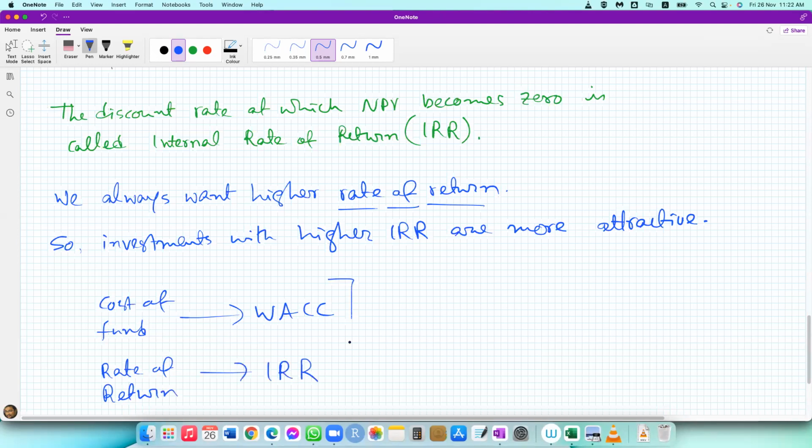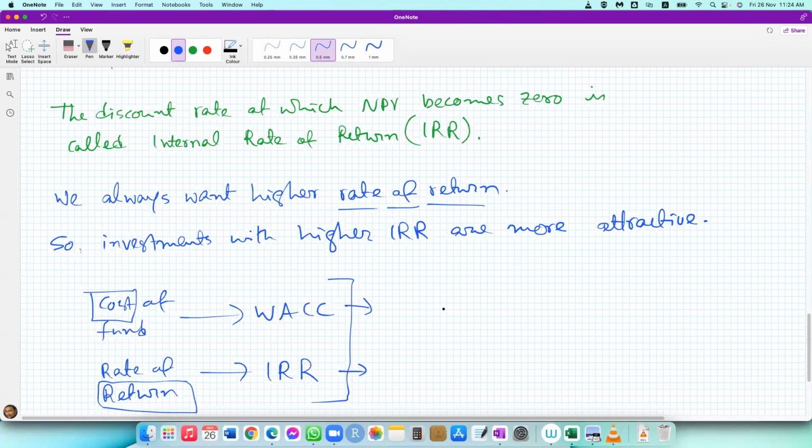So what should we be careful about? Should we not compare these two when making a decision? This is the cost and this is the return, meaning profit. So should we compare the cost and profit or not?